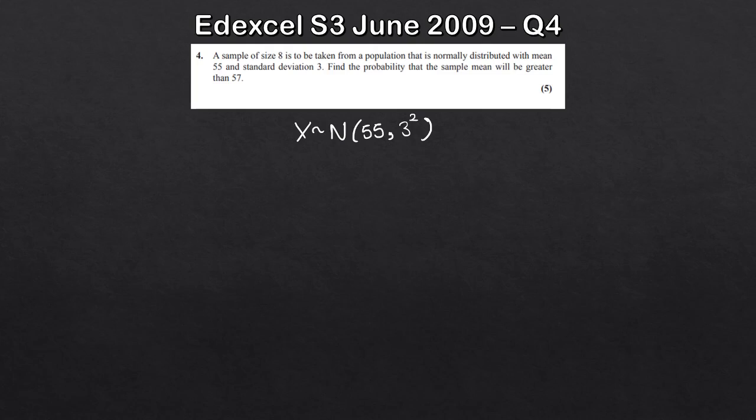So in this case, we're going to have to use the central limit theorem. So what is the central limit theorem? The central limit theorem gives us an approximation for a normal distribution with the mean given as it is here, 55, and then our new variance is going to be the variance, so that's 3 squared, which is 9, divided by the sample size, which is 8.